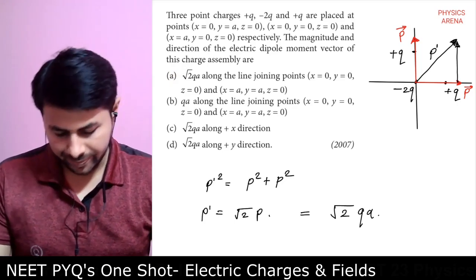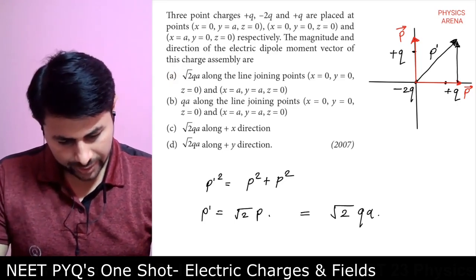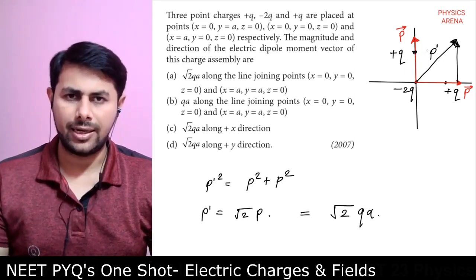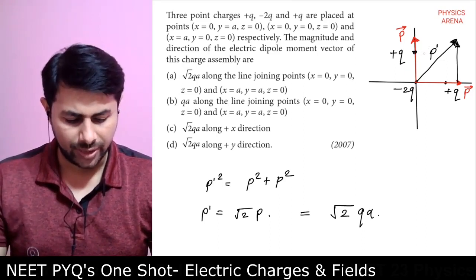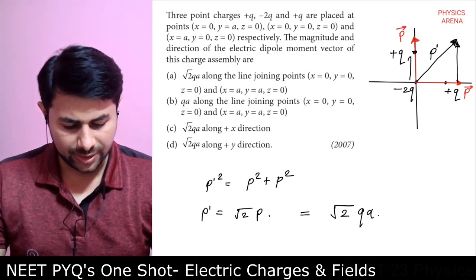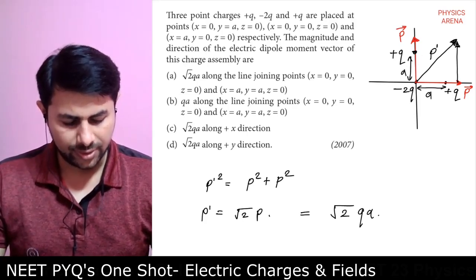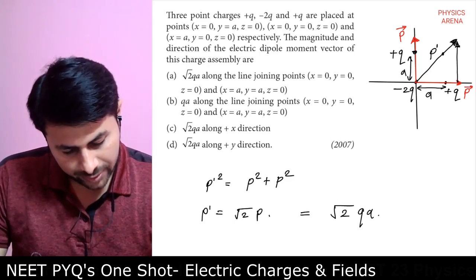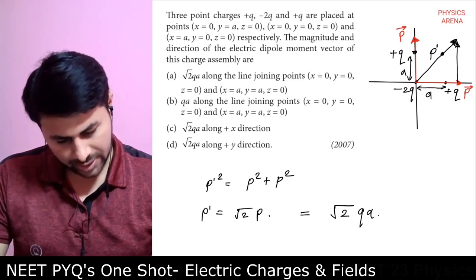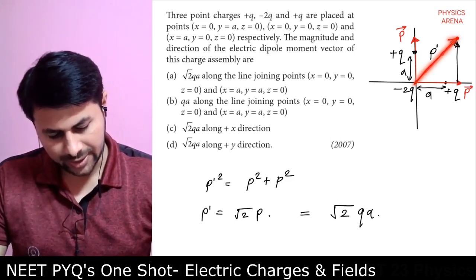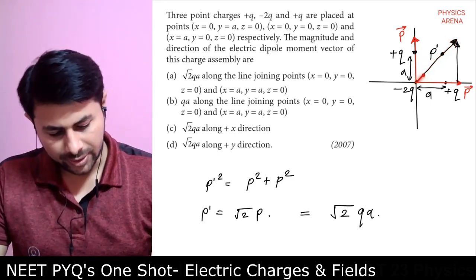Okay. Why? Because see, this point is at x equal to 0, y equal to a. So this much distance is a. This much distance is also a. So this dipole moment would be directed in this direction, right? Along this line.